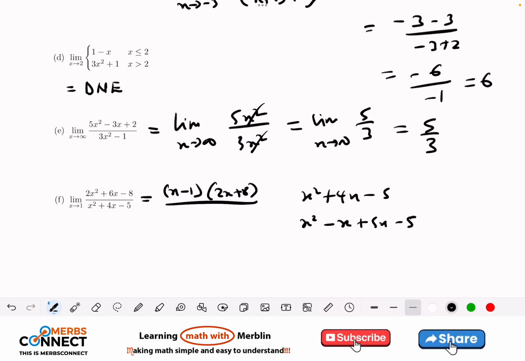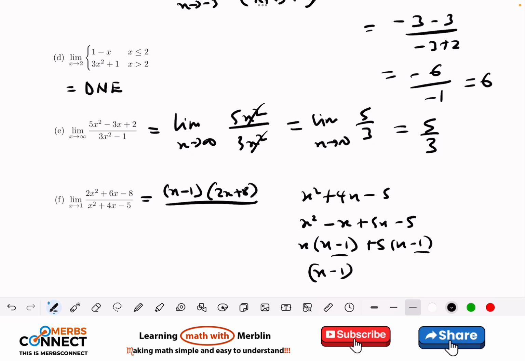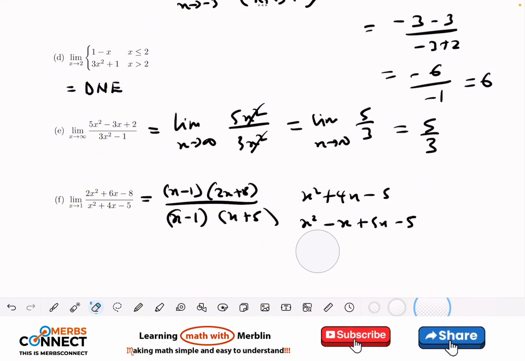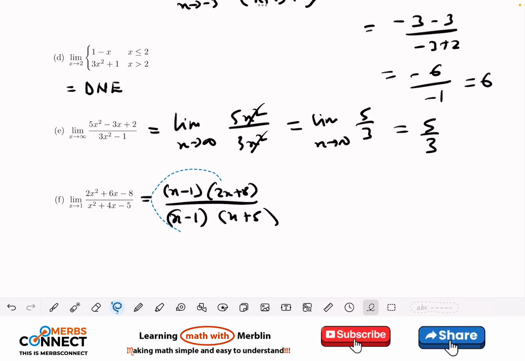Good, I think this one will work. When I factor x out, x minus 1. When I factor 5 out, x minus 1. So x minus 1 is common, then I'll combine x plus 5. So the denominator will be x minus 1 times x plus 5. That's what I'm going to get at the end of the day.